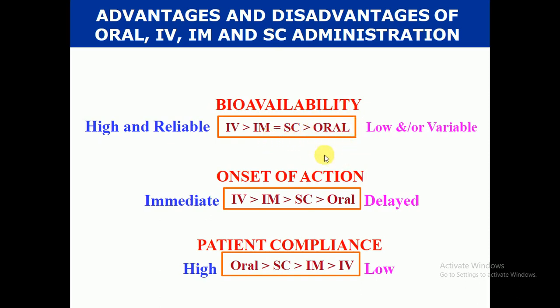If we administer two drugs at the same time, one injectable and the second oral, the bioavailability of the injectable will definitely be high, 100%, and oral will be low. On this side it is low or variable, and on the left side the bioavailability is increasing.